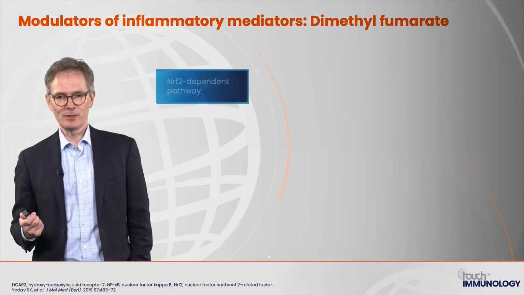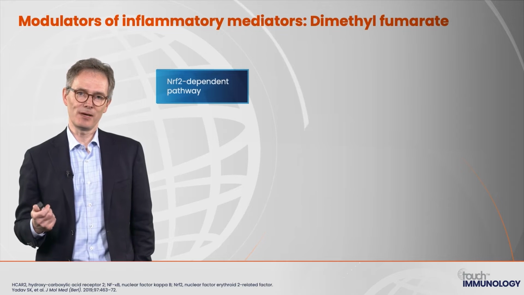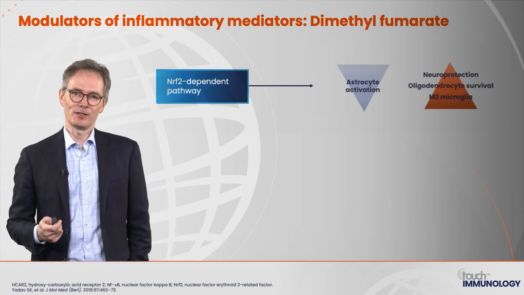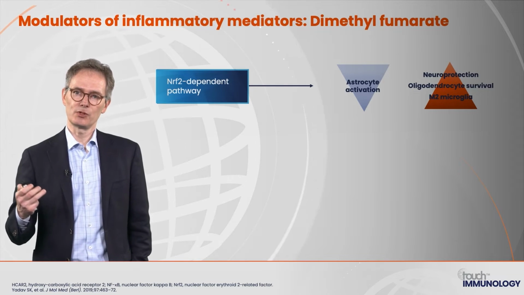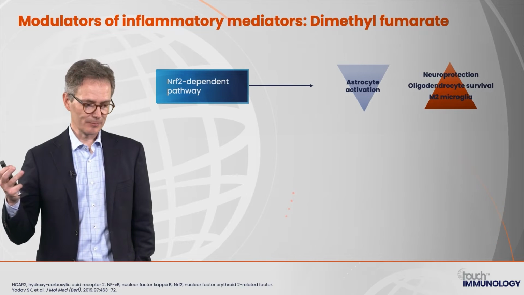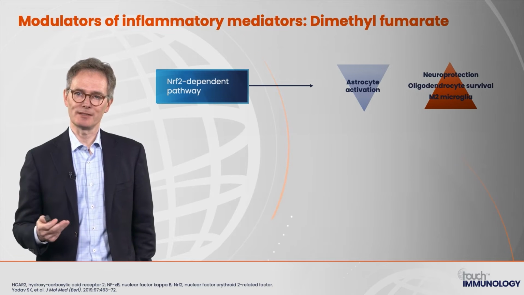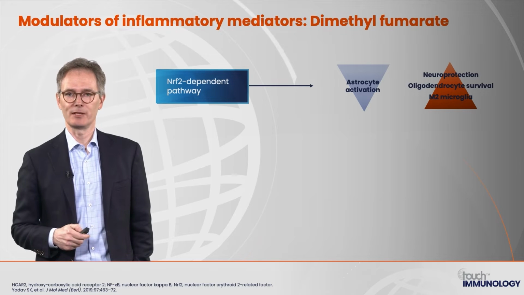The mode of action is really not completely understood. There might be NRF2 dependent pathways and NRF2 independent pathways. So the NRF2 dependent pathways lead to neuroprotection and a protective milieu in the CNS that might also protect oligodendrocytes and promote anti-inflammatory microglia.